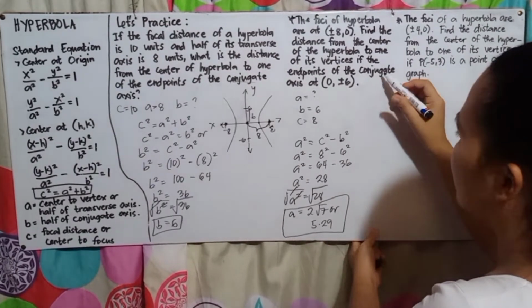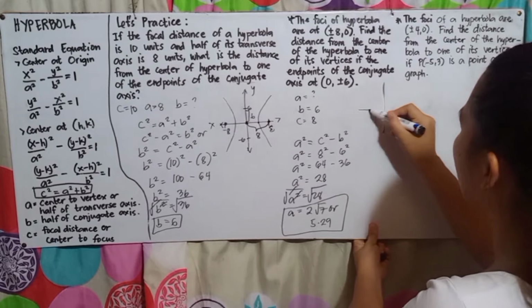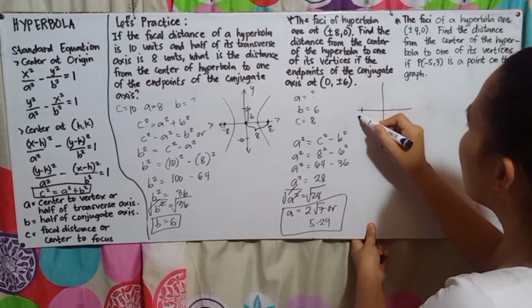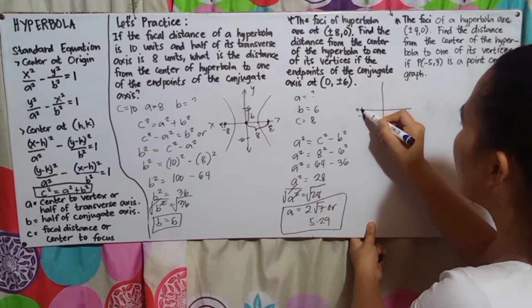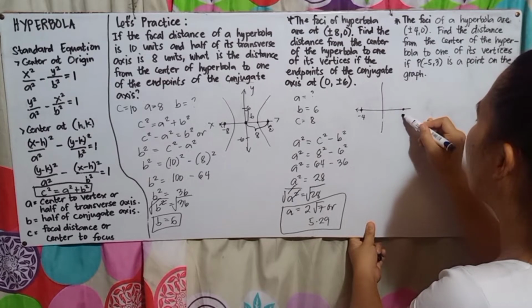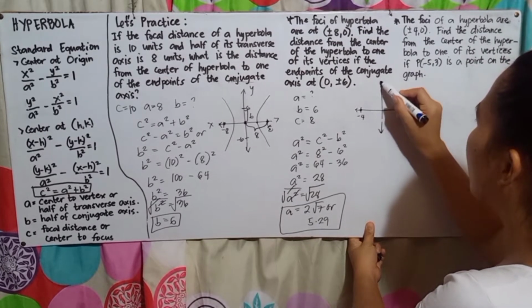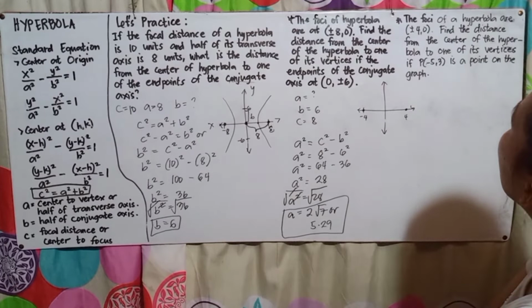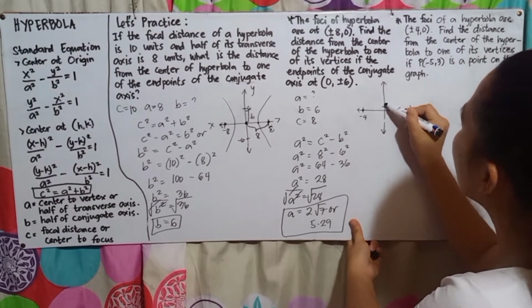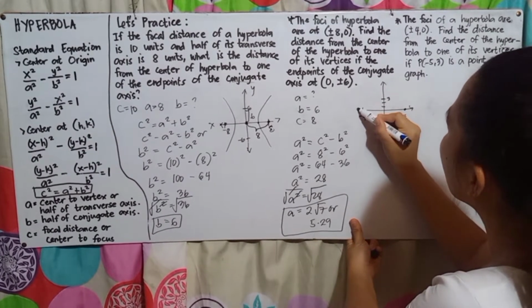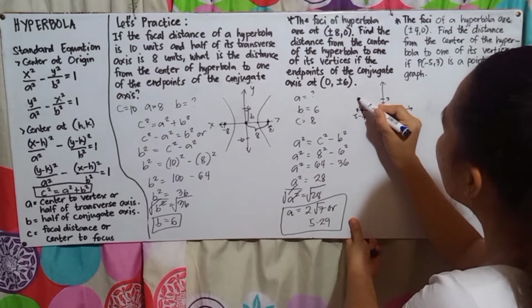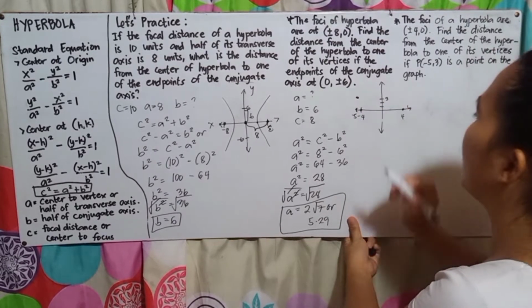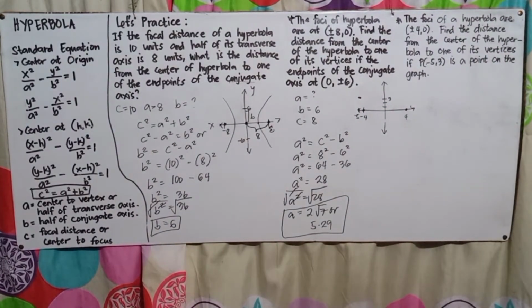The foci is negative 4 and positive 4. Then, ang point is negative 5, 3. Ayan.